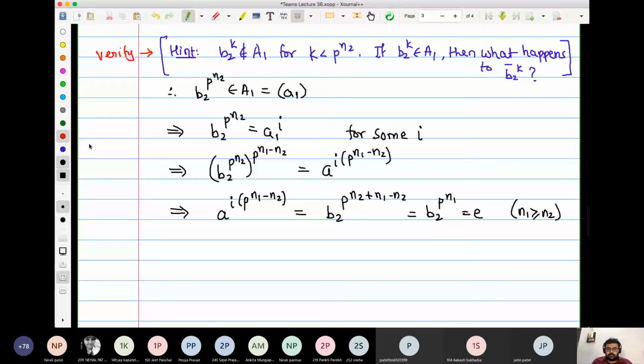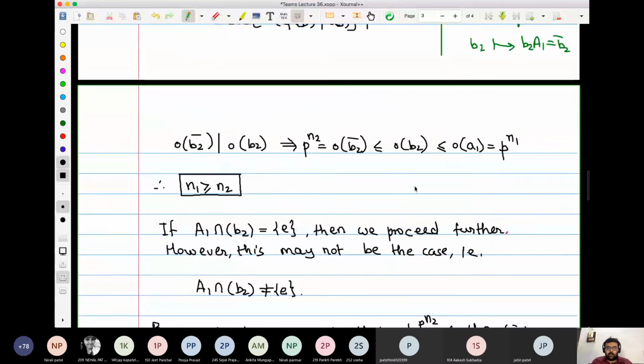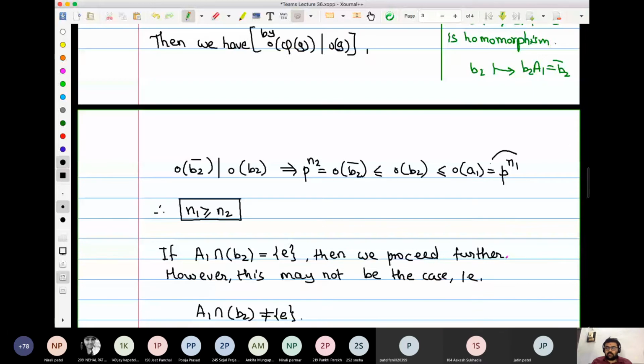Again, something for you to check: this is identity. I have written the reason. Because already the order of B2 power P power N2 is less than or equal to the order of A1. So suppose B raised to 2 raised to 3 is identity, that is, B raised to 8 is identity.